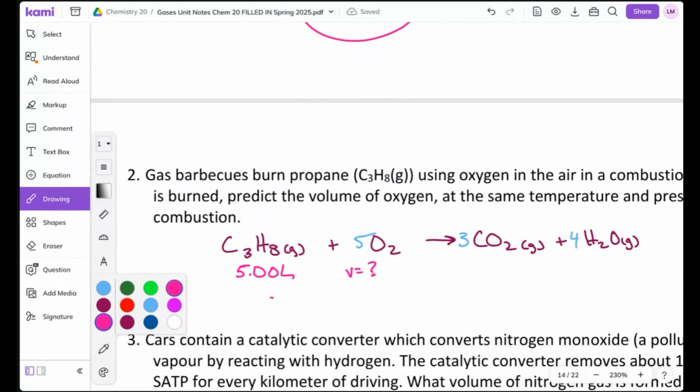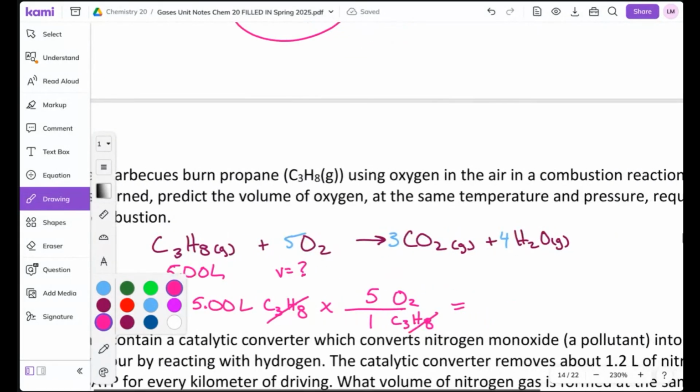Okay, so 5 liters of C3H8 go times by, so what you do is you write out your given number, then times by a fraction sign. We want to put the coefficient of C3H8 in the denominator so that these cancel out, and then we want to have oxygen. So the coefficient for oxygen is 5. The coefficient in front of propane is 1.